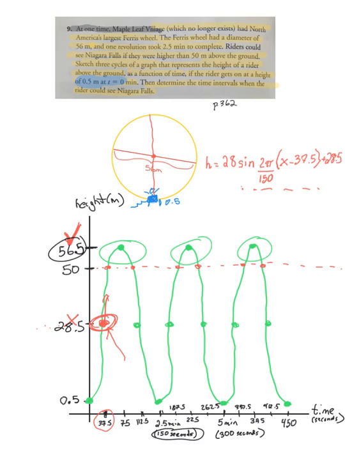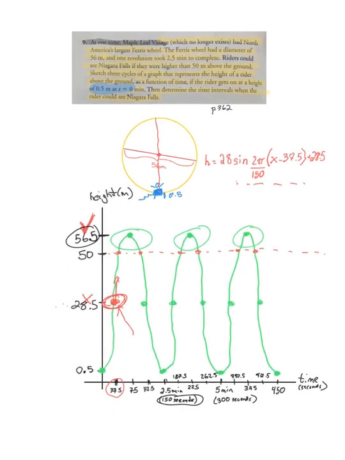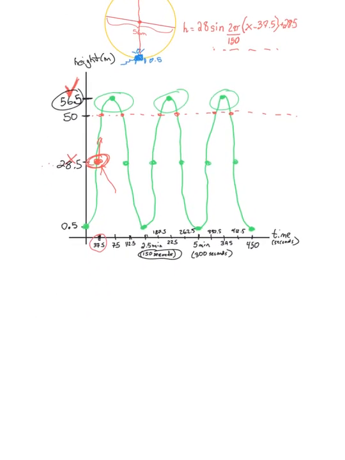So I'm going to see if I can move this over. I'm going to say 50 equals 28 sine of 2 pi over 150 times x minus 37.5, plus 28.5. All right, let's subtract 28.5 from both sides.